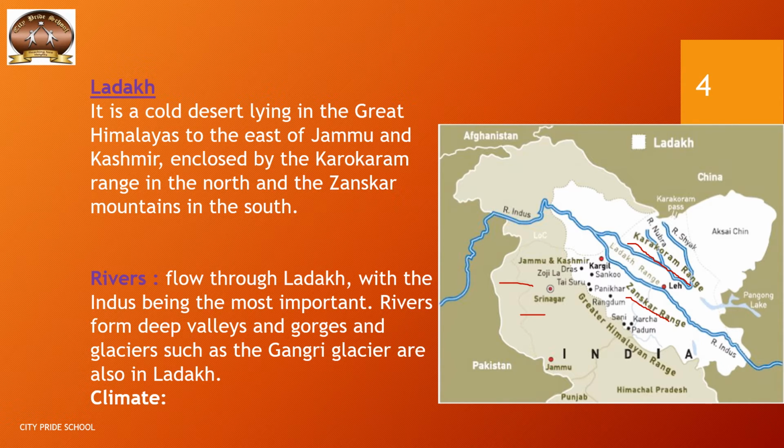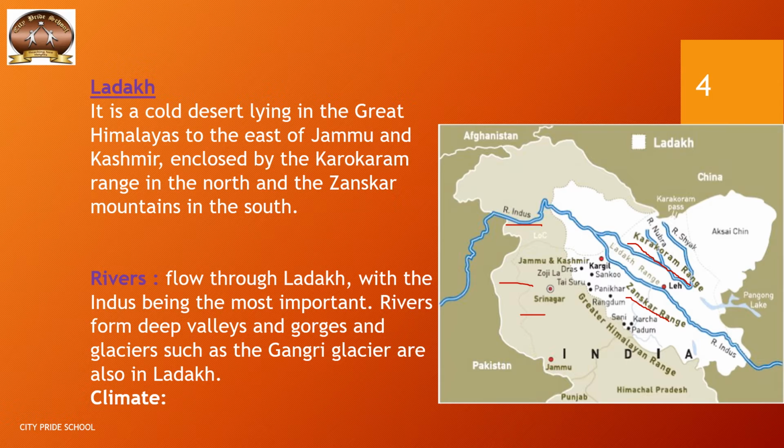So this area is enclosed by these two ranges, and the most important river, I would say, is river Indus. The rivers form deep valleys and gorges, whereas several glaciers are found in Ladakh.